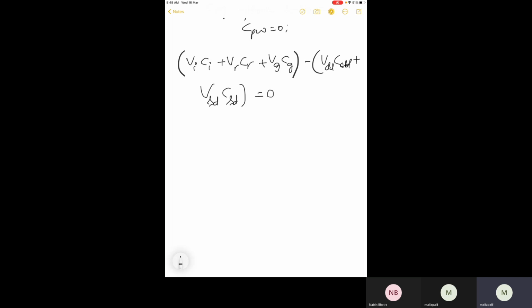That's the CZ will be zero. So then VICI plus VRCR, minus, so both the concentration of surface and subsurface salts will be the same.